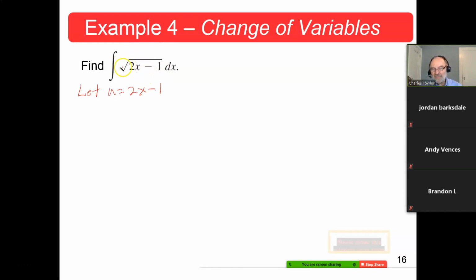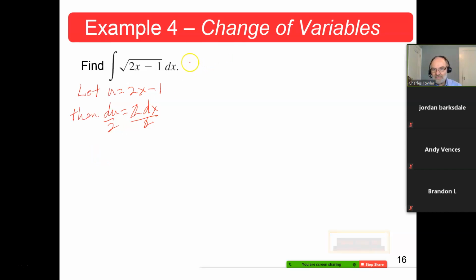The square root is the most complicated part, and that's the innermost part. Follow the let with a then, and that gives you du equals 2dx. Perfect. Now all we have is a dx up here. We don't have the 2, so let's divide out the 2's down here. Now we have our dx. It'll be du over 2.